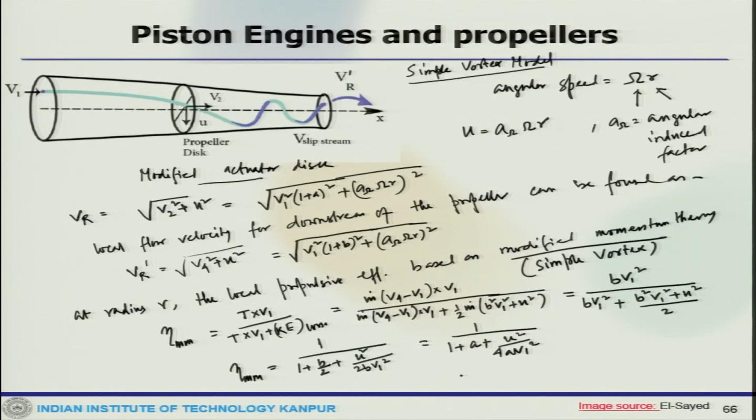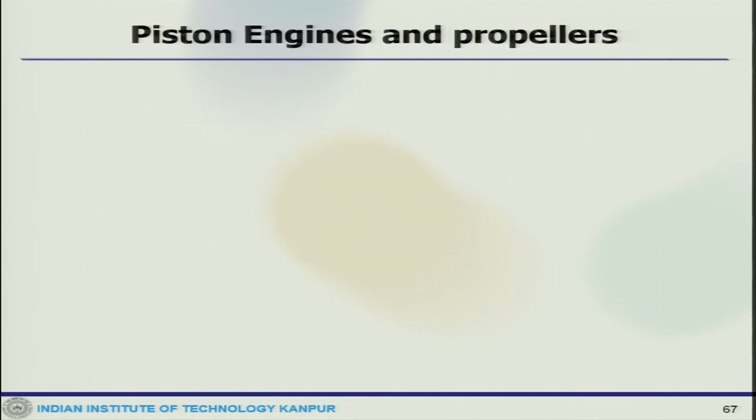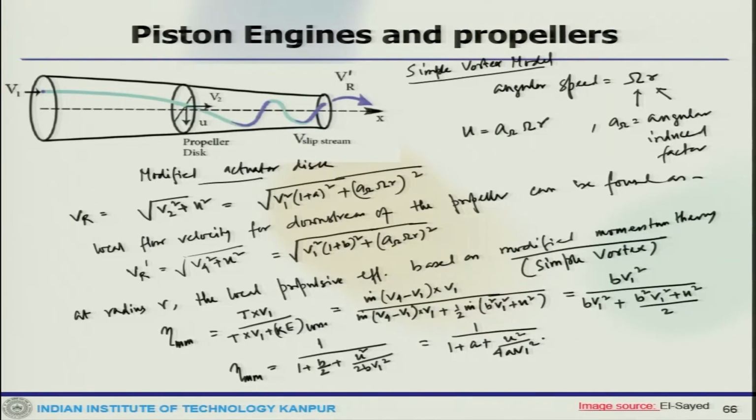So, finally, if we replace it back, then we can write that eta equals 1 by 1 plus a plus a omega square r square by 4a V1 square.